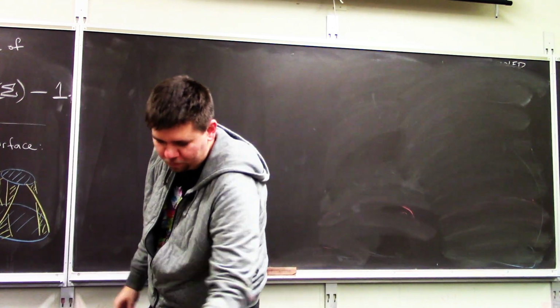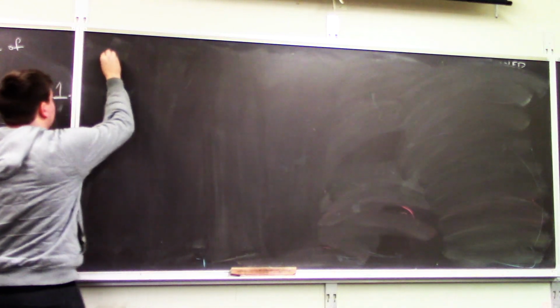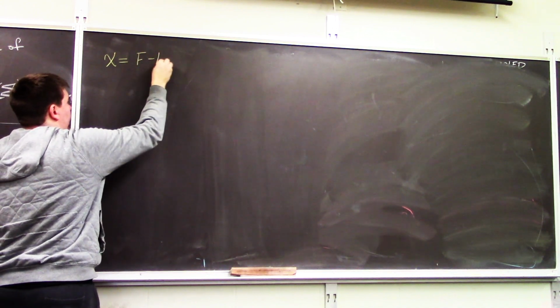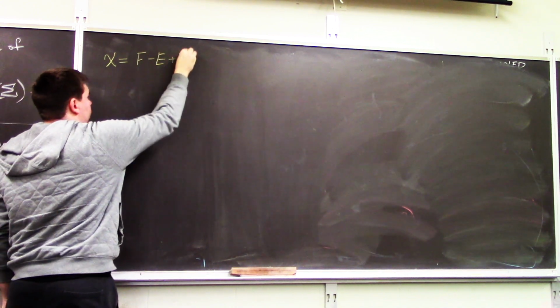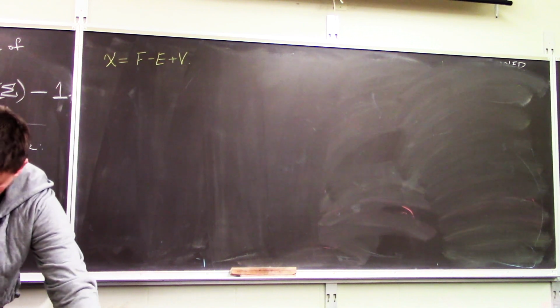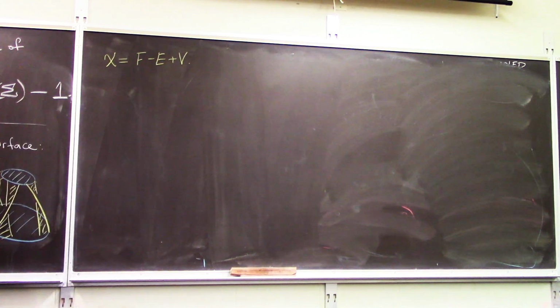So recall, Euler characteristic is just defined to be faces minus edges plus vertices. Now, this is made up of two kinds of creatures. One of them is a circle. You end up with these disks.